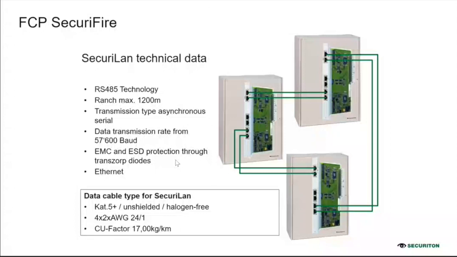Then, depending on the norms in every country, most of the time it has to be fire resistant cable. So it depends on where you use these systems. But for us, the standard could be a Cat5 plus Ethernet cable.